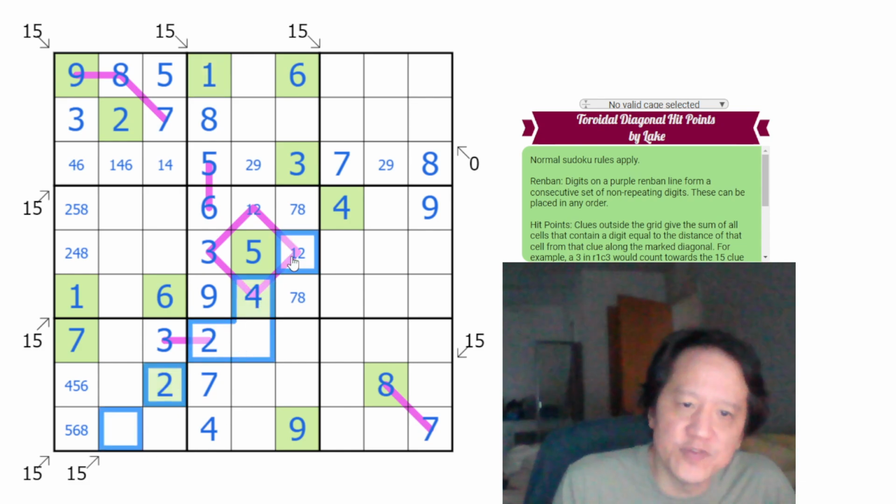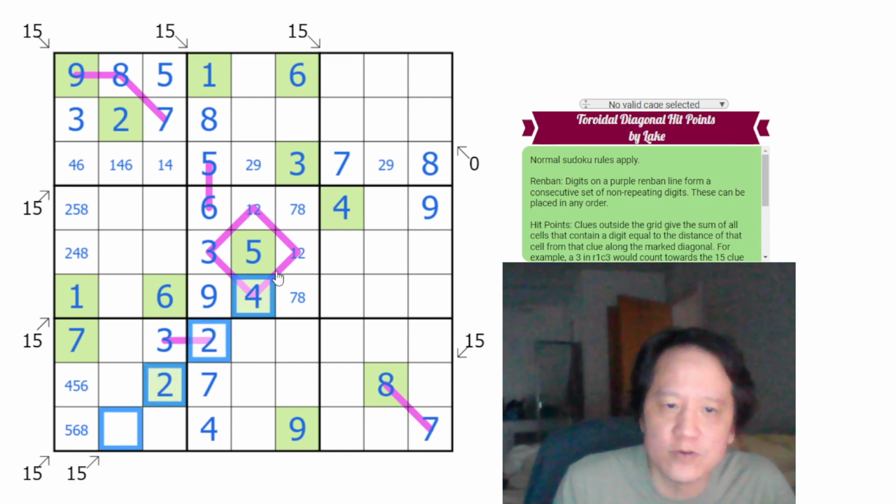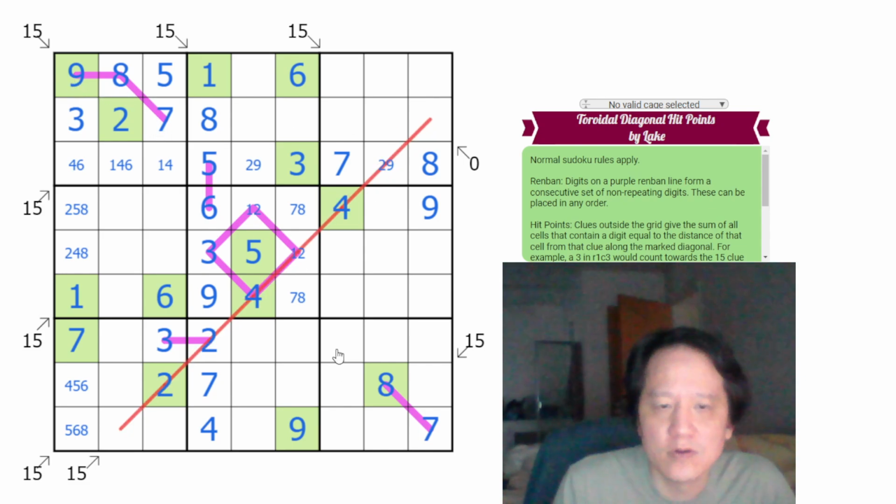Now for this 15 and this 15, we don't have those. So let's color these. Wait, no, we do. Well, no, we still don't have those really. Okay, so let's do lines. That's easier. 6, 7, 8, and then this is 9, so that's fine.